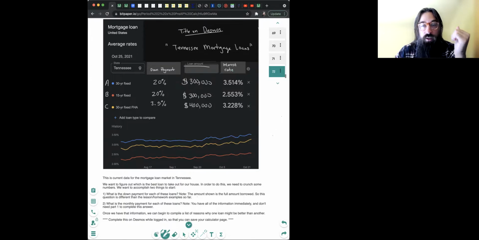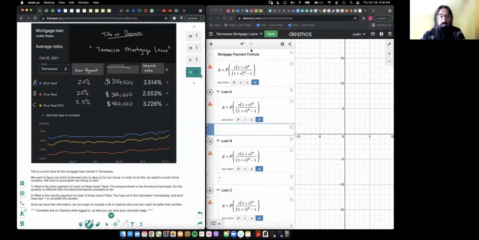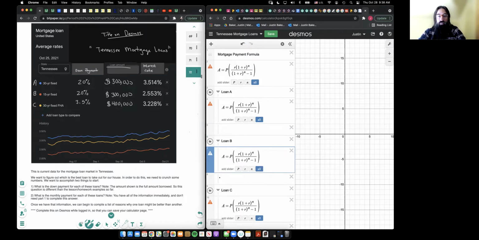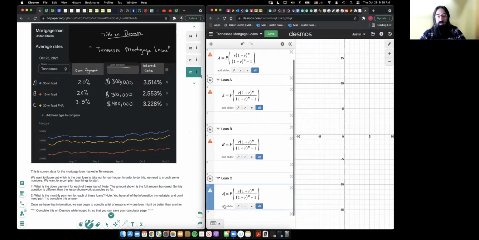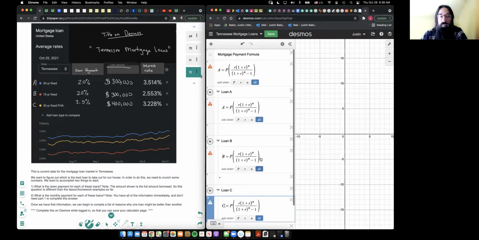All right. So you're going to go back into Desmos and you're going to go to this piece. In fact, why don't we call this A, B, and C for each of the loans? That'll be less confusing. Loan A, loan B, loan C. All right.